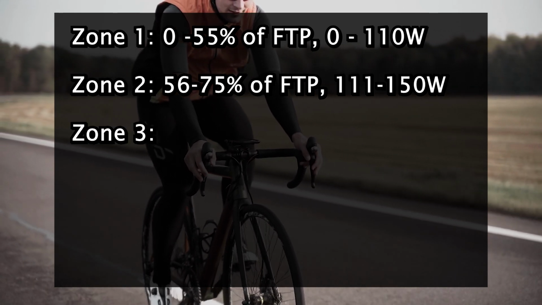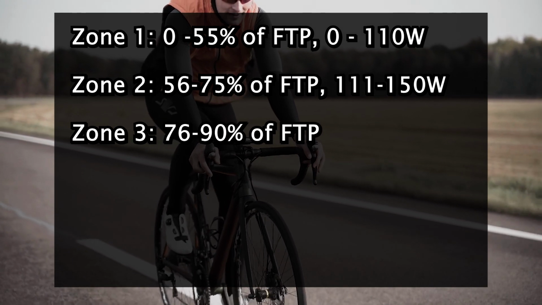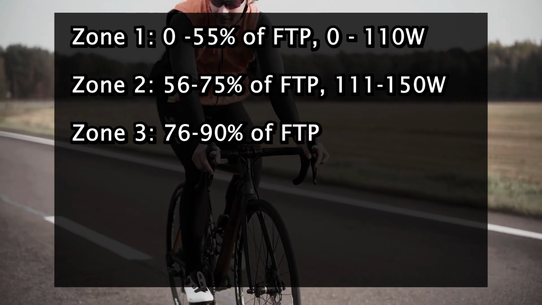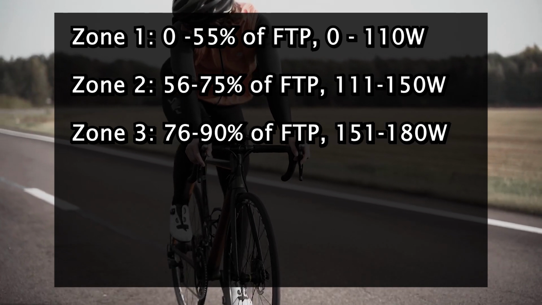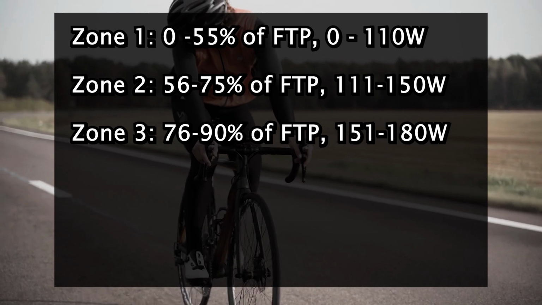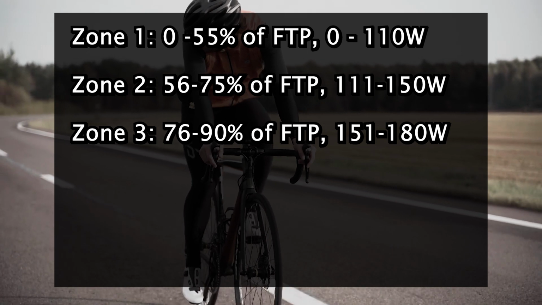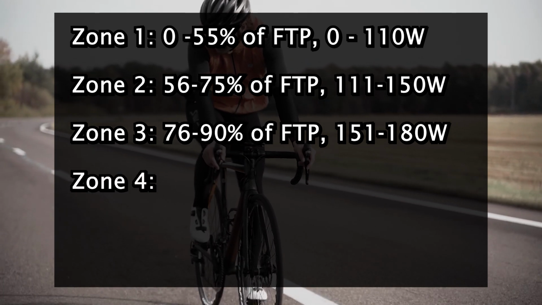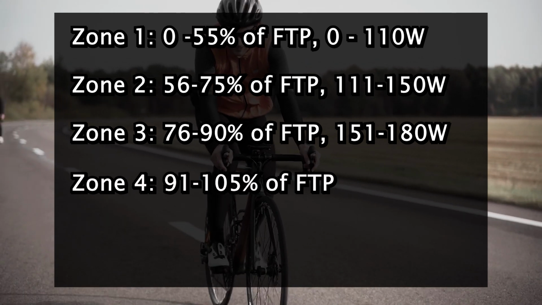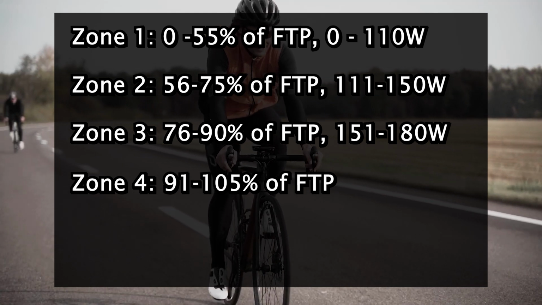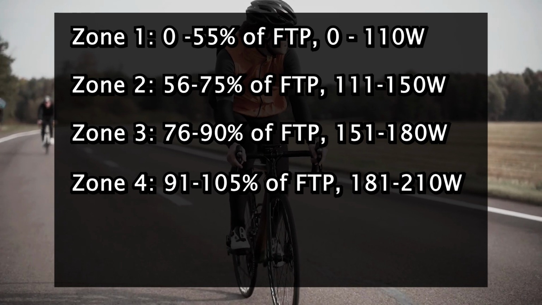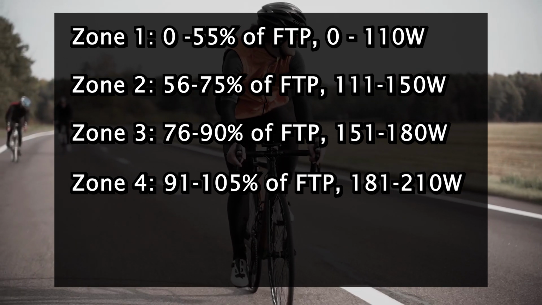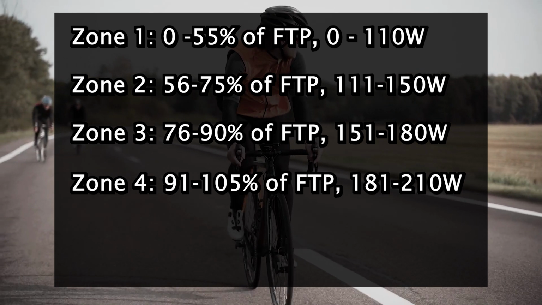Zone 3 is 76 to 90% of your FTP, that is 151 to 180 watts, and this is used for tempo rides and tempo efforts. Zone 4 is 91 to 105% of FTP, that means 181 to 210 watts, and this is your threshold zone.